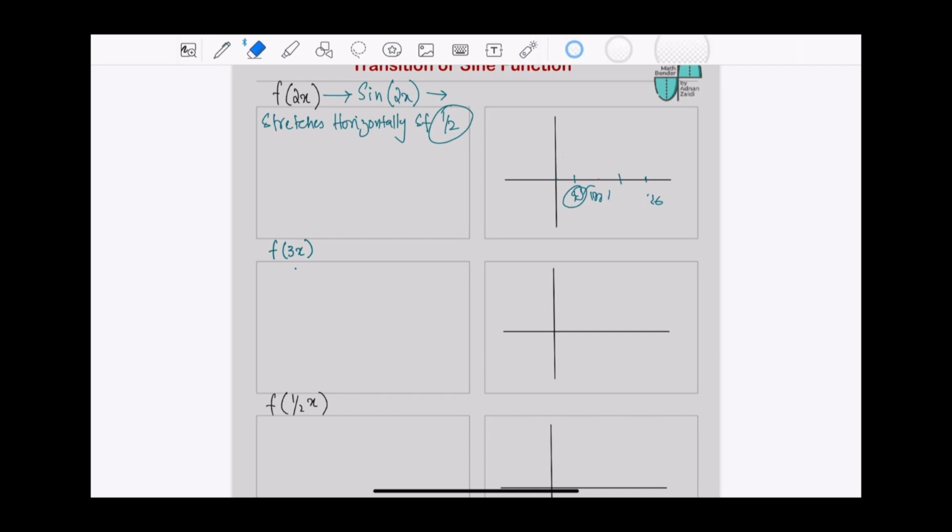In easy words, you can look at this from another perspective. This means that within 360 degrees, or 2 pi radians if it is in radians, there are two waves being covered. So I just draw two waves.